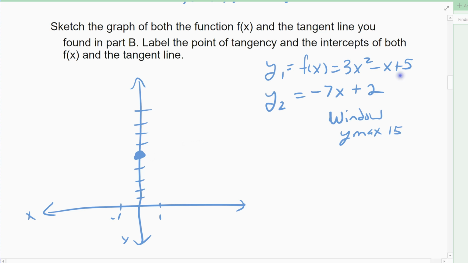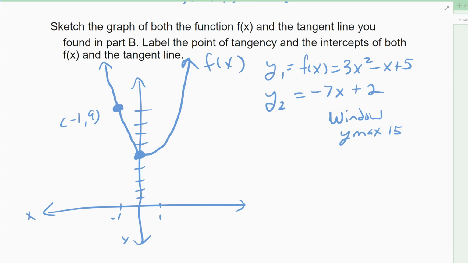Again, that's the y-intercept, not the vertex. The y-intercept is at 0, 5. All right, -1, 9. Puts me about right there. There's my -1, 9. And then again, the parabola shape. And there's my f of x. And there's my point of tangency.